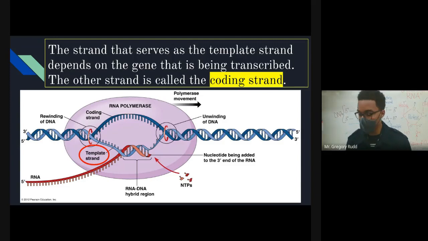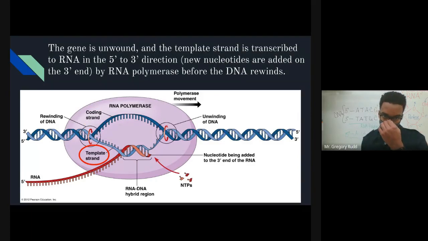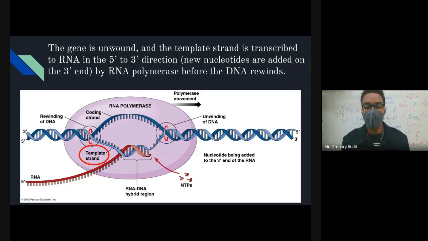We've got a couple more slides that I'm going to walk through. So obviously DNA exists as a helix. So before anything can happen, RNA polymerase has to unwind it.